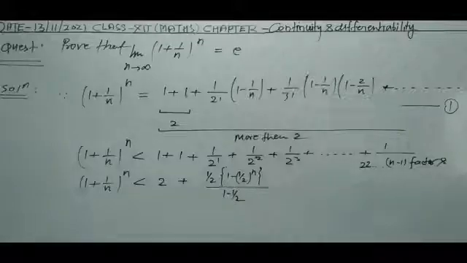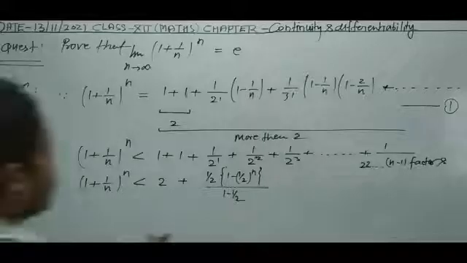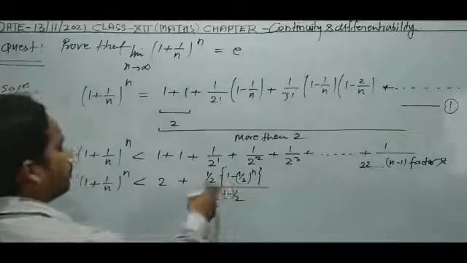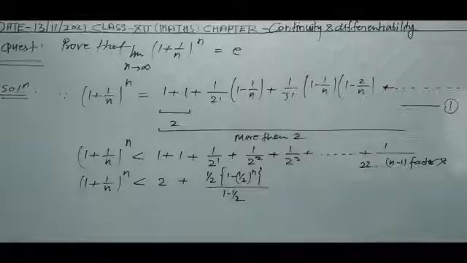Now what will be the result? After calculation, the 2 and the 1 by 2 will cancel out.